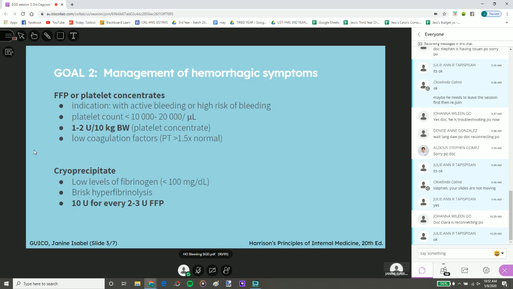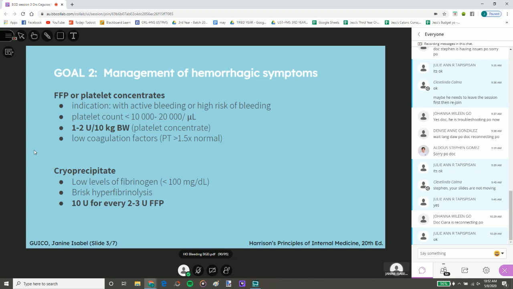And as we have learned from the lecture, the usual dose would be 1 unit to 10 kilograms body weight, but for special cases like DIC, infections, fever, and splenomegaly, the dose may be increased to 1.5 to 2 bags per 10 kilogram body weight. Next, cryoprecipitate can be given to patients who have low levels of fibrinogen, less than 100 milligrams per deciliter, and who exhibit brisk hyperfibrinolysis.